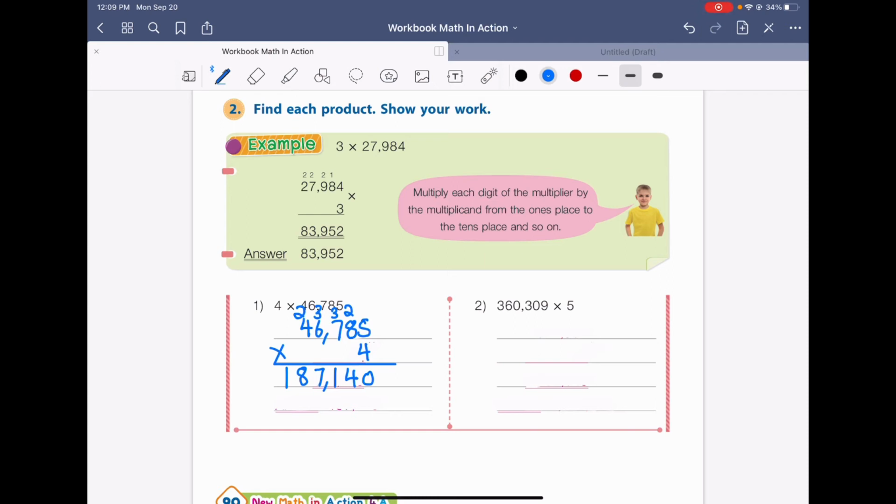All right, so for number 2, you're going to try this yourself. You're going to write out 360,309 times 5. All right, and you're going to solve it, and you write the answer.